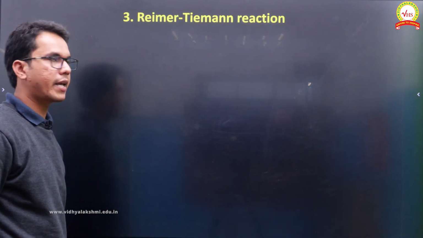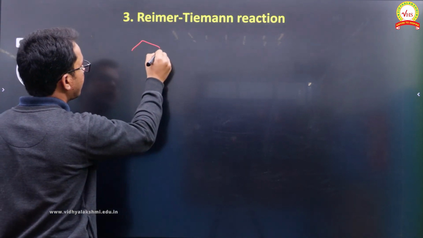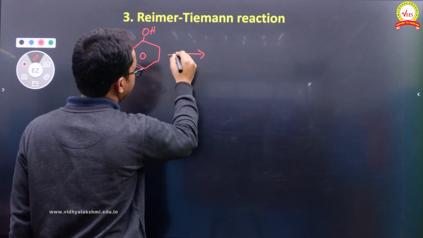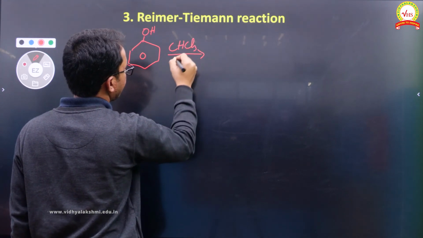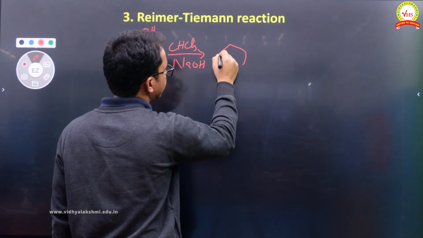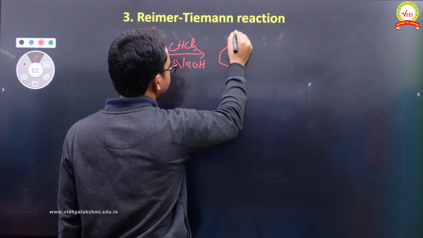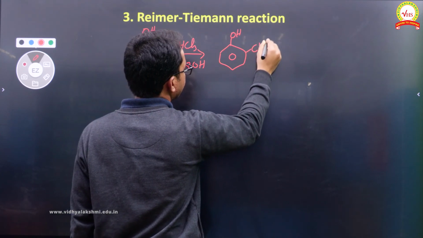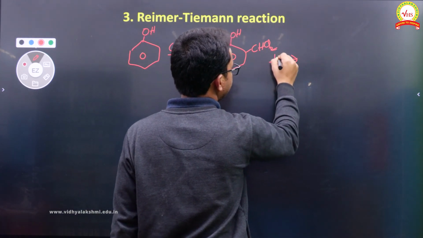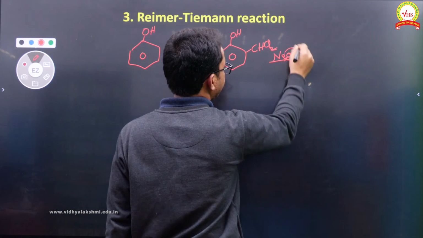If you see the Reimer-Tiemann reaction, phenol reacts with chloroform, CHCl3, and NaOH. It forms a product with OH and CHCl2. With NaOH, a nucleophilic substitution reaction takes place.